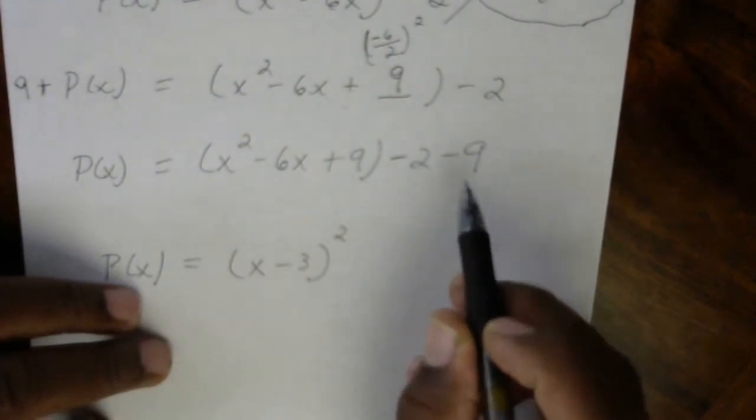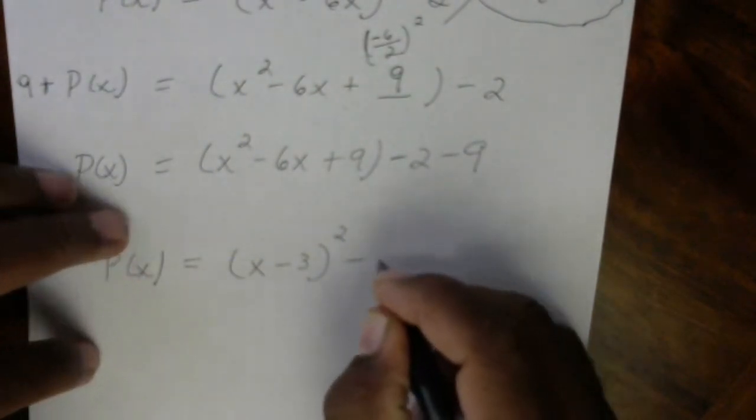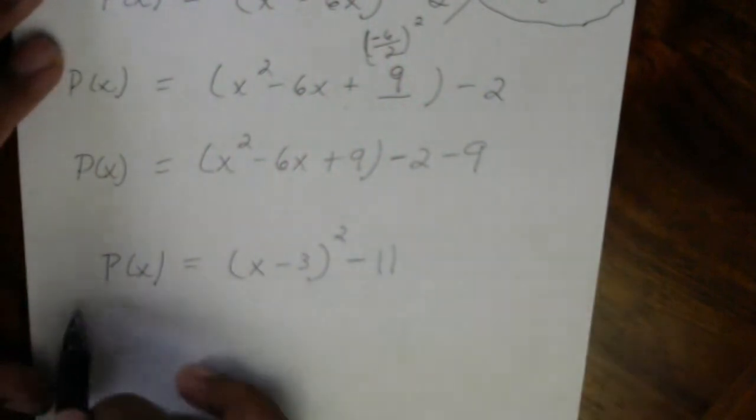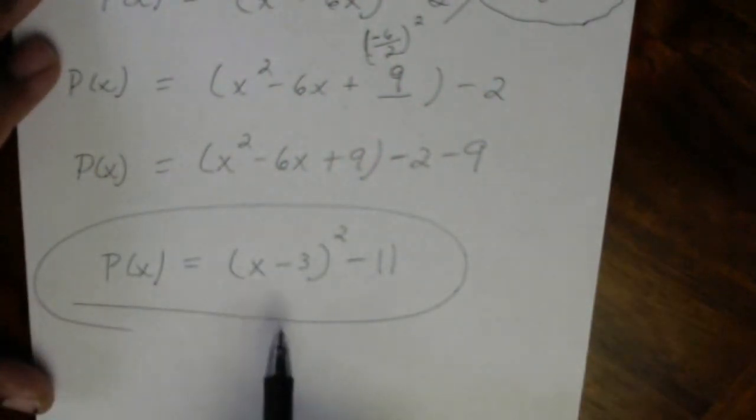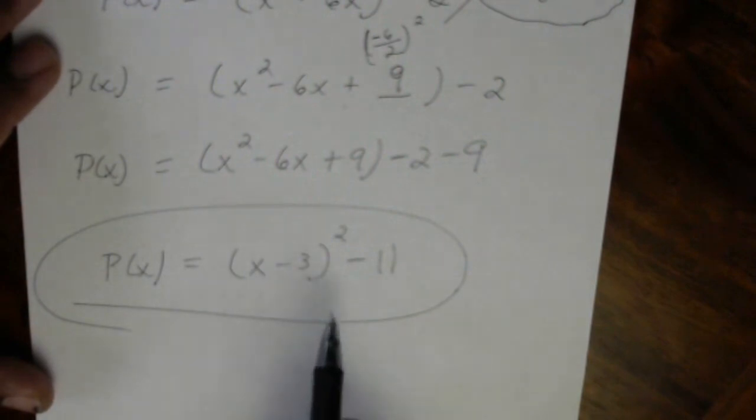Negative 2 minus 9 is negative 11. So this is vertex form.